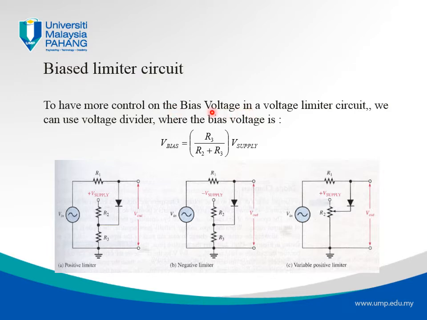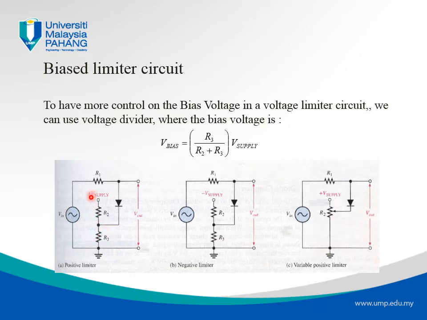In order to make it adjustable, the bias voltage can be created by a voltage divider, where the V bias now will be a portion of the V supply. Imagine V input is still V input, but instead of having one constant V bias, it can be adjusted by the ratio of the voltage divider.